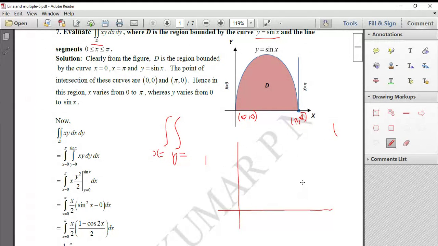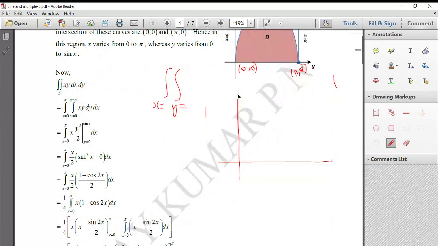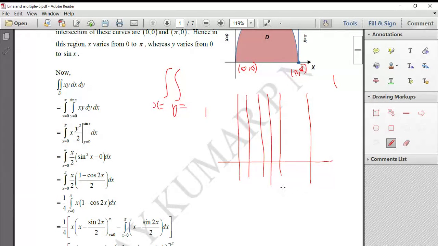When x is greater than or equal to 0, say x equal to 0, we get this line. Let me take only integers, but assume all the real numbers are given. When x equal to 1, you get this line. When x equal to 2, you get this line. When x equal to 3, and so on, up to x equal to pi, this line, right?